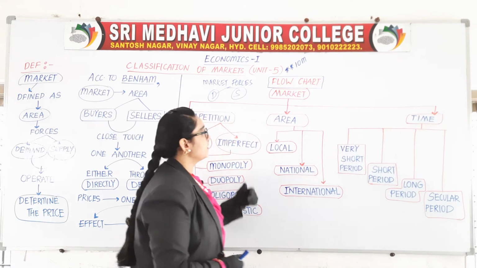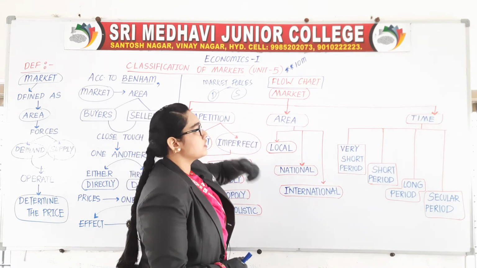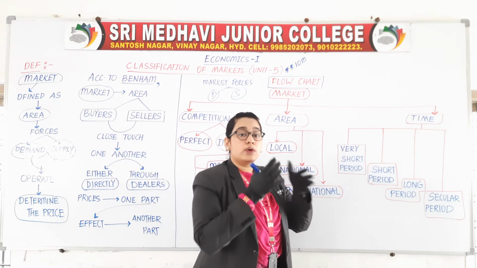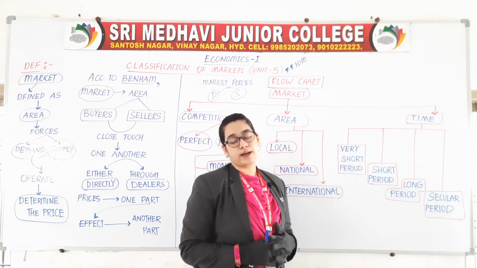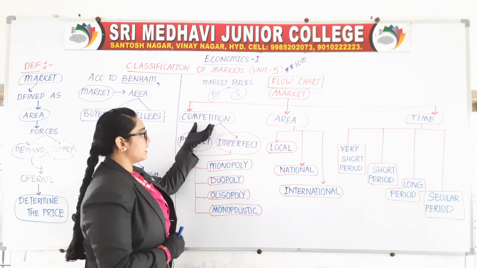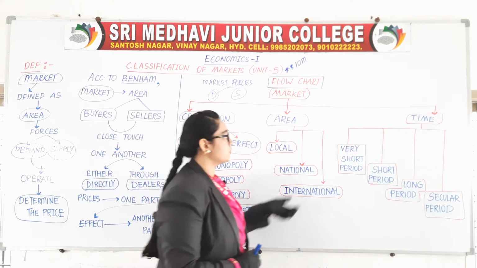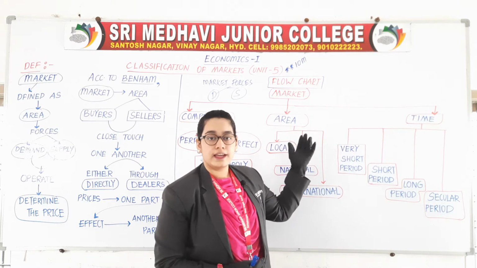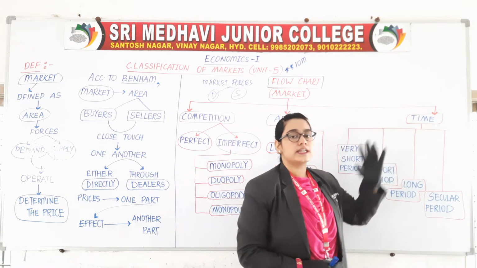Now let us see the flow chart of market, like what is the classification of market. Markets are classified into three types: based on competition, based on area, and based on time.